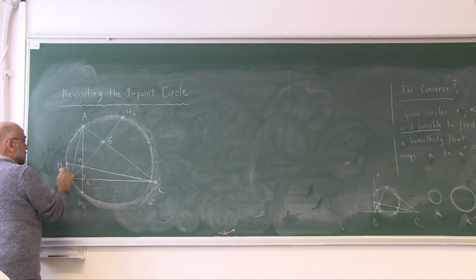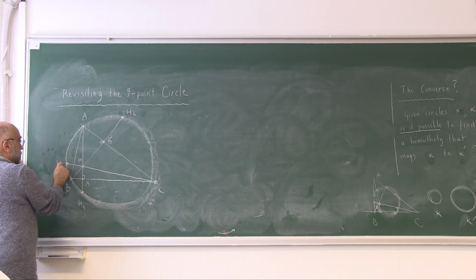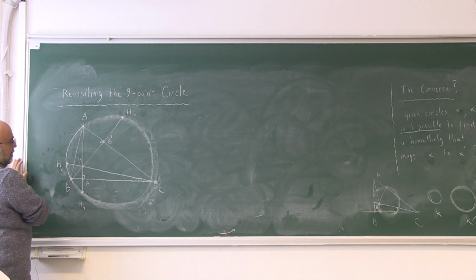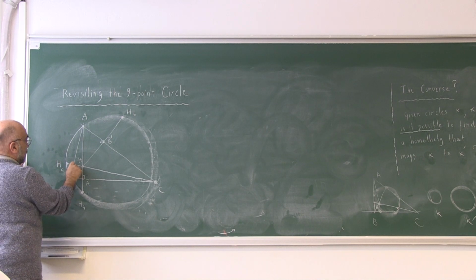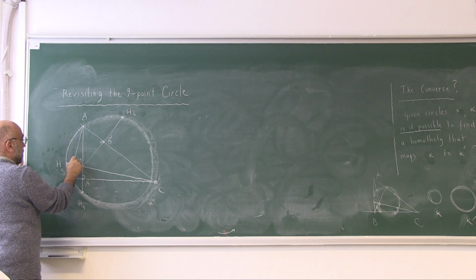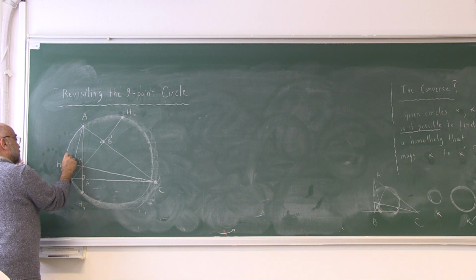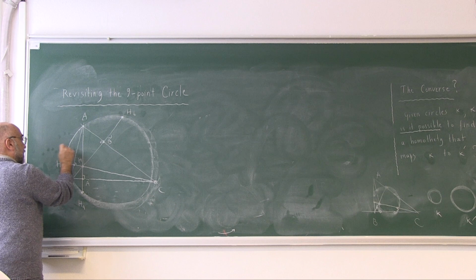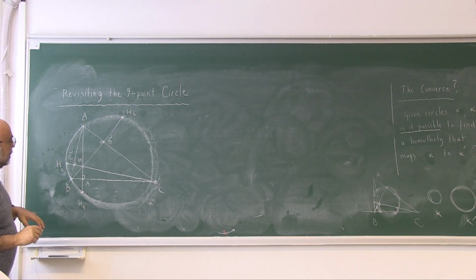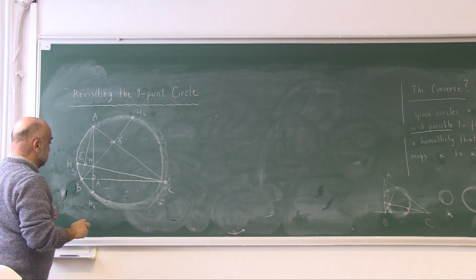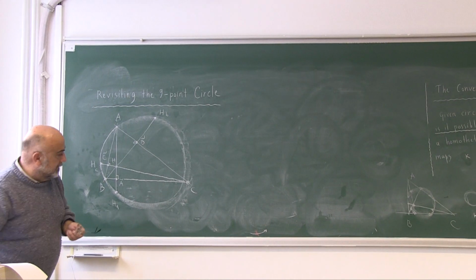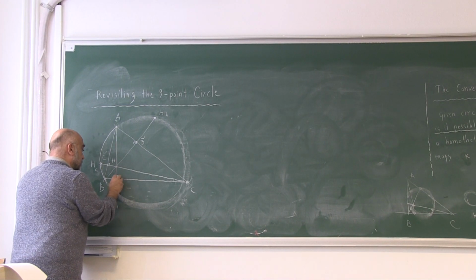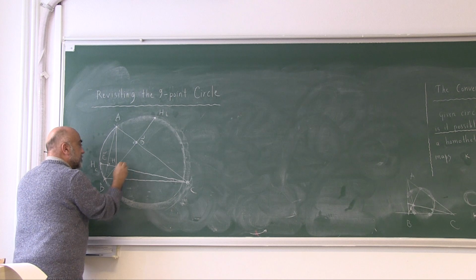And of course this is the foot of the altitude, which is called C tilde. So let me indicate these 3 points in red.